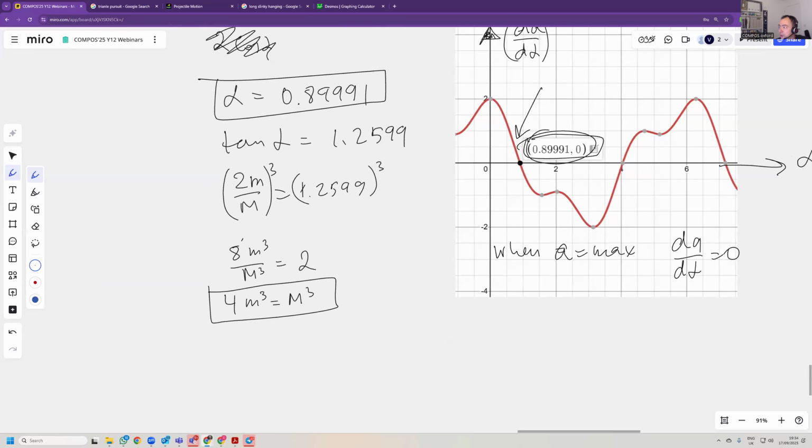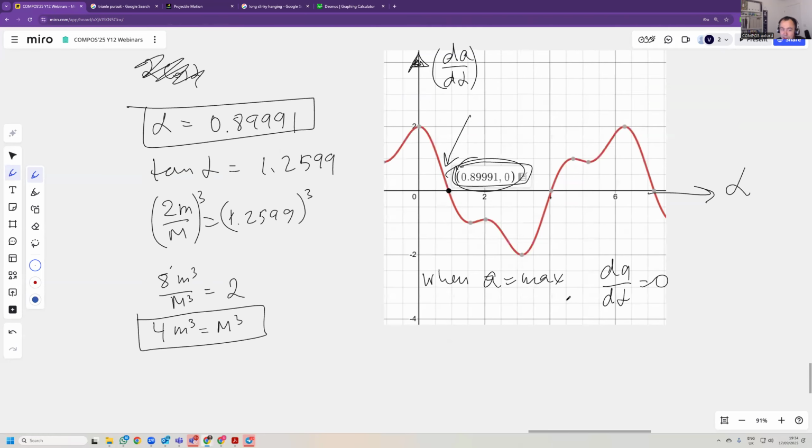That's a good question. In this case, I don't, because all other values are just outside the range. Alpha cannot be 4, because you cannot have an angle of 4 radians.